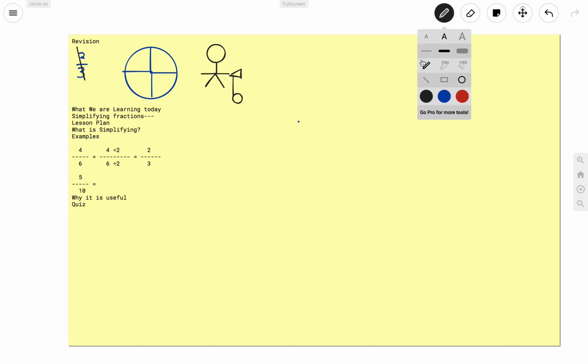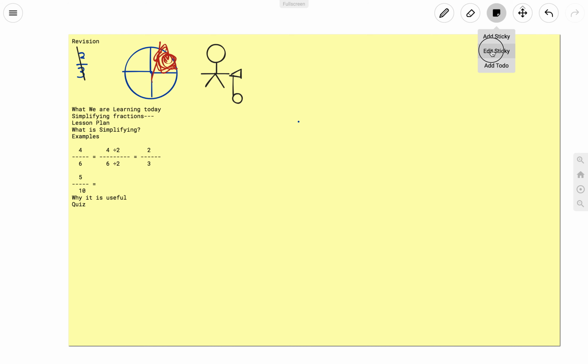Yeah, that's my best drawing. So he likes to eat pies. And then he decided to eat this part of the pie. So there used to be 4 parts. He ate 1 part.